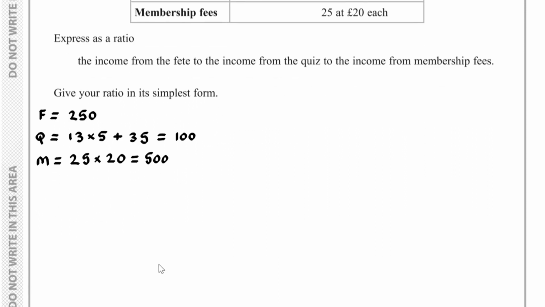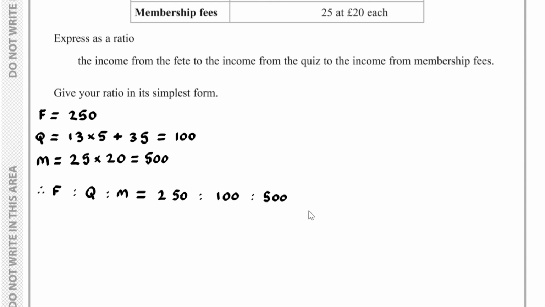And therefore, the ratio F to Q to M is equal to 250 to 100 to 500, and we need to simplify this ratio.